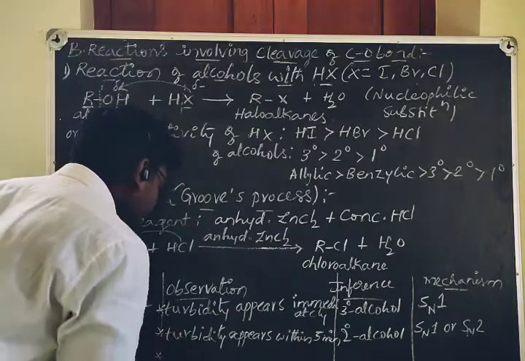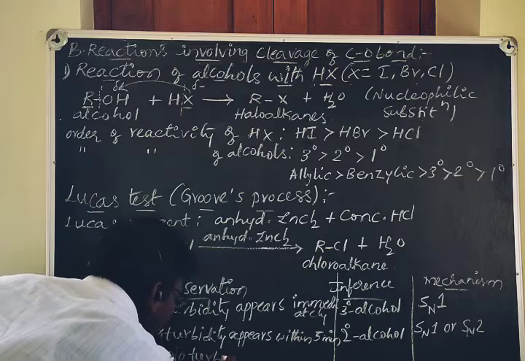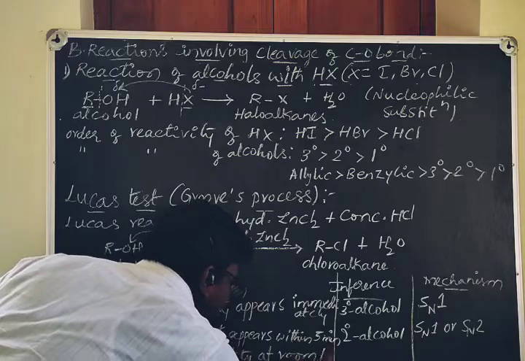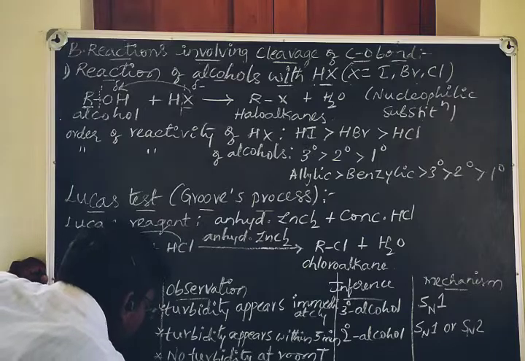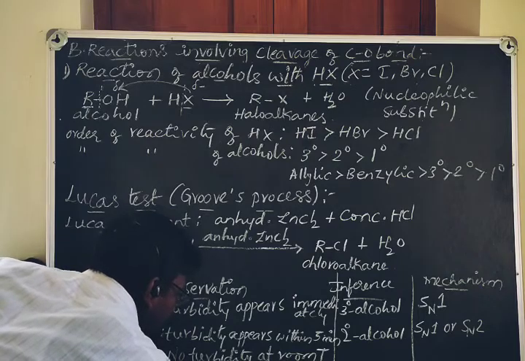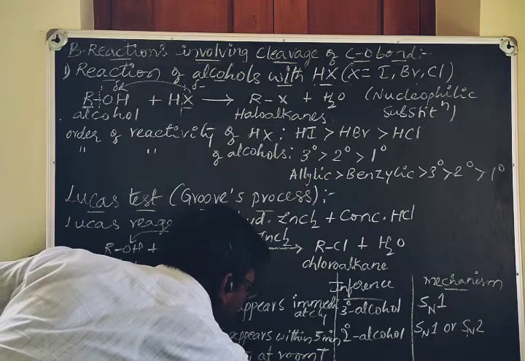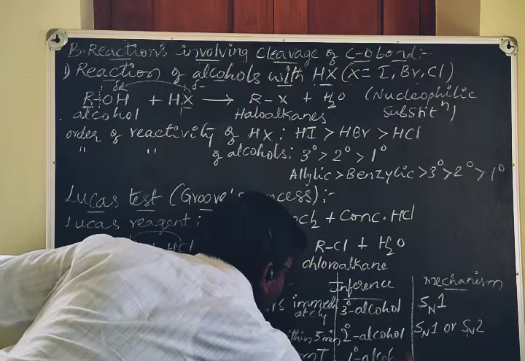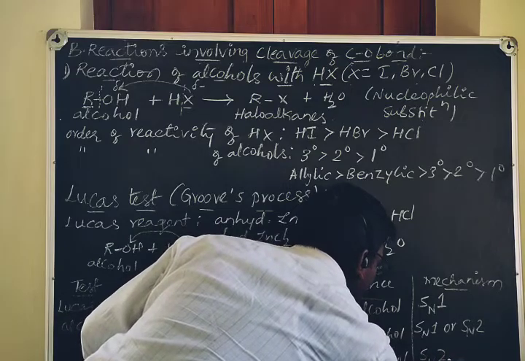So we can write: no turbidity at room temperature, or turbidity produced on heating. This indicates the presence of a primary alcohol, through the SN2 mechanism.